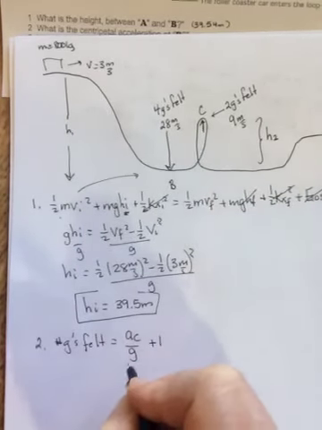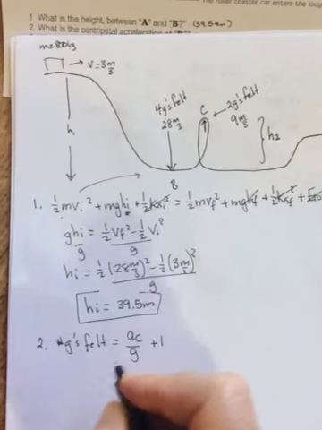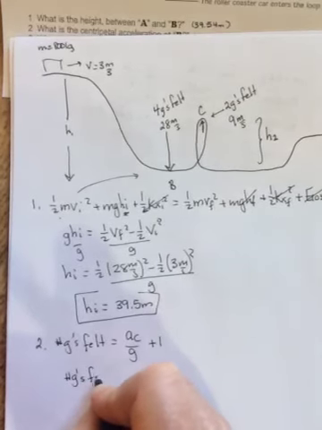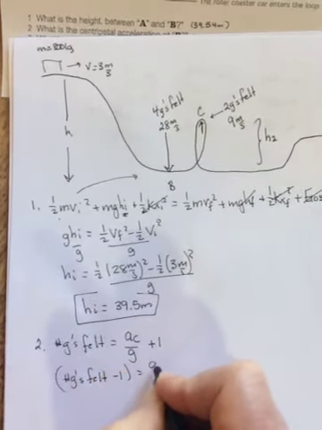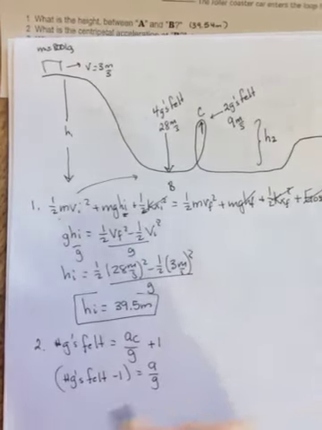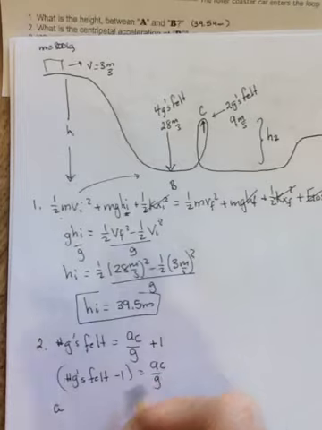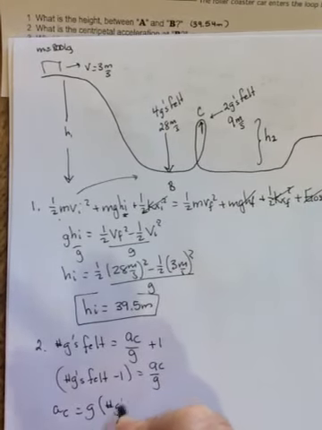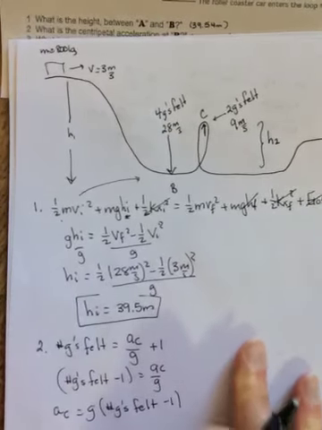Now you're going to rearrange for a_c. To rearrange this for a_c, the first step is to subtract 1 from each side. This is the most common mistake: people multiply by the g first. Now multiply by the g. So a_c will equal g brackets, number of G's felt, minus 1.